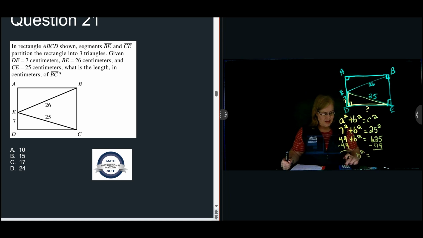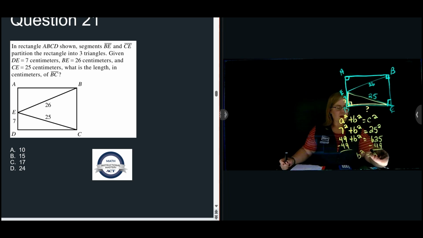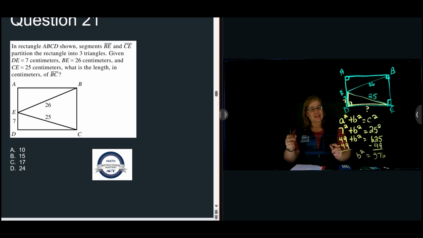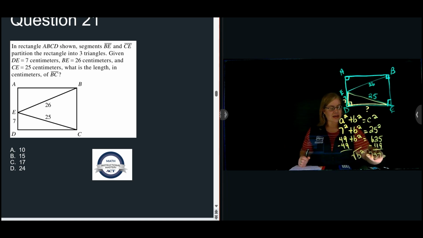I have 625 minus 49, which is 576. Still don't have that variable by itself. It has a square, so to undo a square, I take the square root.